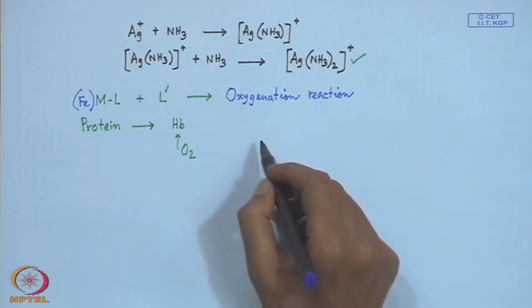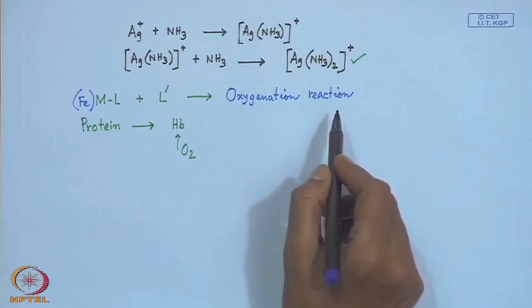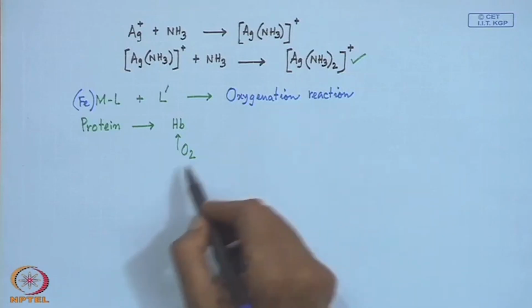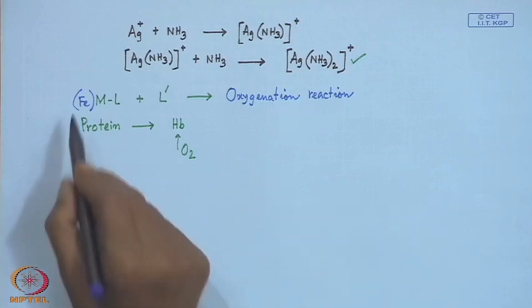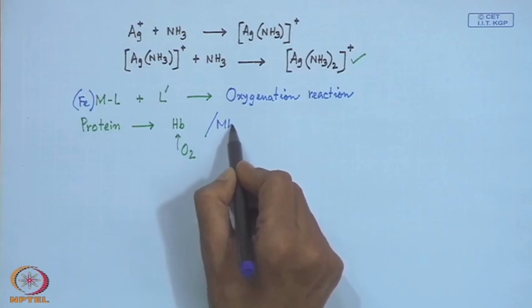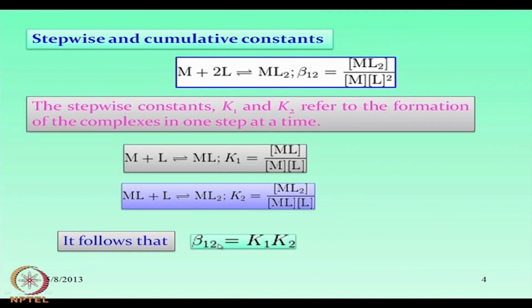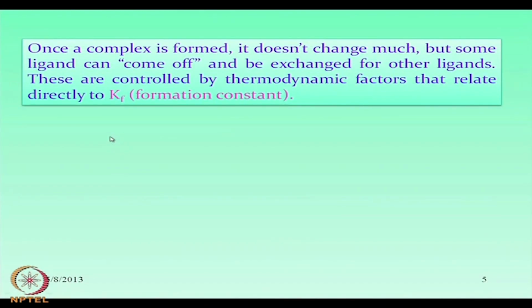That means beta 1 2, beta 1 2 3 or beta 1 2 3 4 can also be monitored for a reversible reaction like oxygen binding to the iron center in hemoglobin, or in some cases also with the myoglobin molecule. So, we have the beta values for different types of complex formation. Once the complex is formed, it can be the typical metal ligand assembly or it can be the bound oxygen to the hemoglobin or the myoglobin molecule.